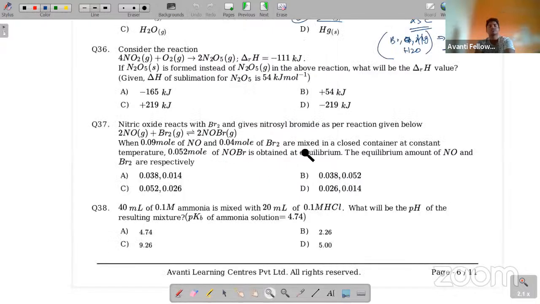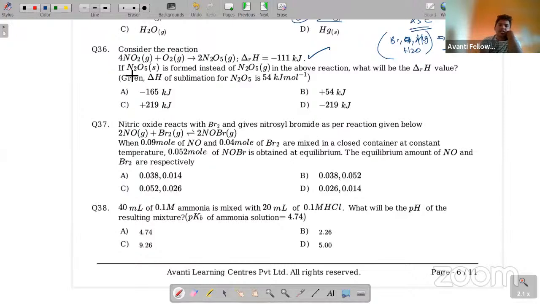Okay, so next, questions 36, 37, 38. These questions are based upon the thermodynamics concept and chemical equilibrium constant. For these questions you people require more knowledge, but still we can try. So 4 moles of NO2, they have given the standard enthalpy of formation of this equation.